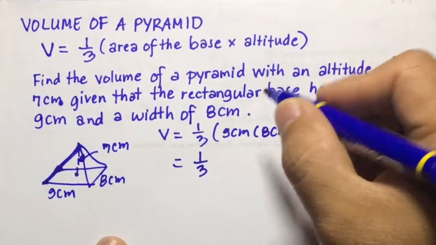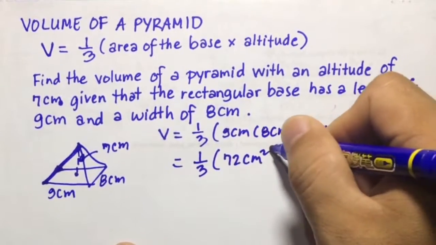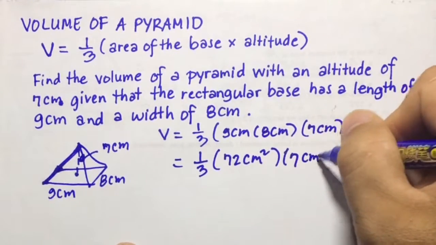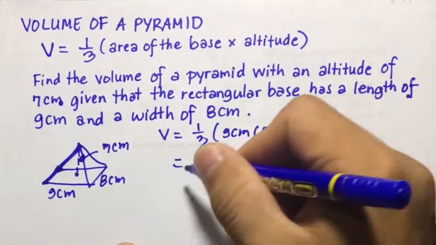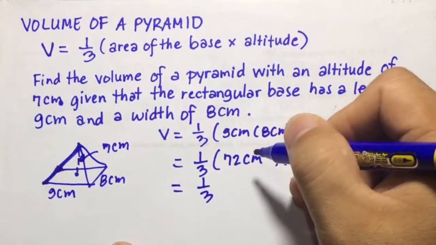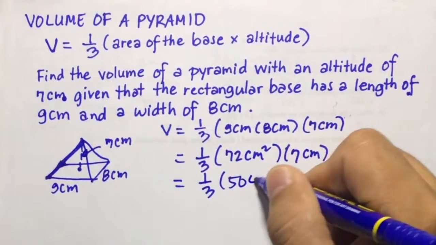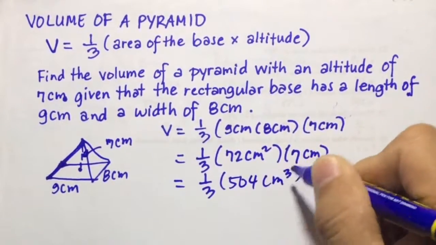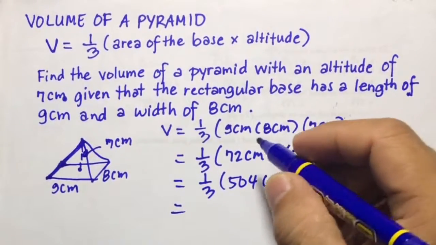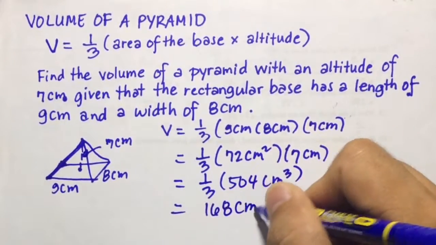So we're going to have here 1/3 of 72 cm squared times 7 cm. So we're going to have 1/3 of 72 times 7. That will be equal to 504 cm cubed. Then 1/3 of 504, or 504 divided by 3, the result is 168 cubic centimeters.